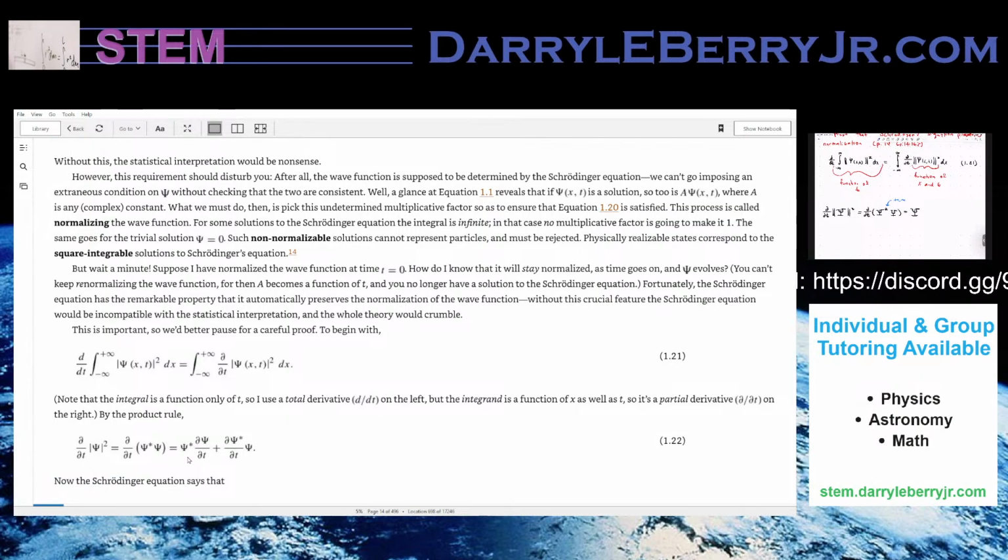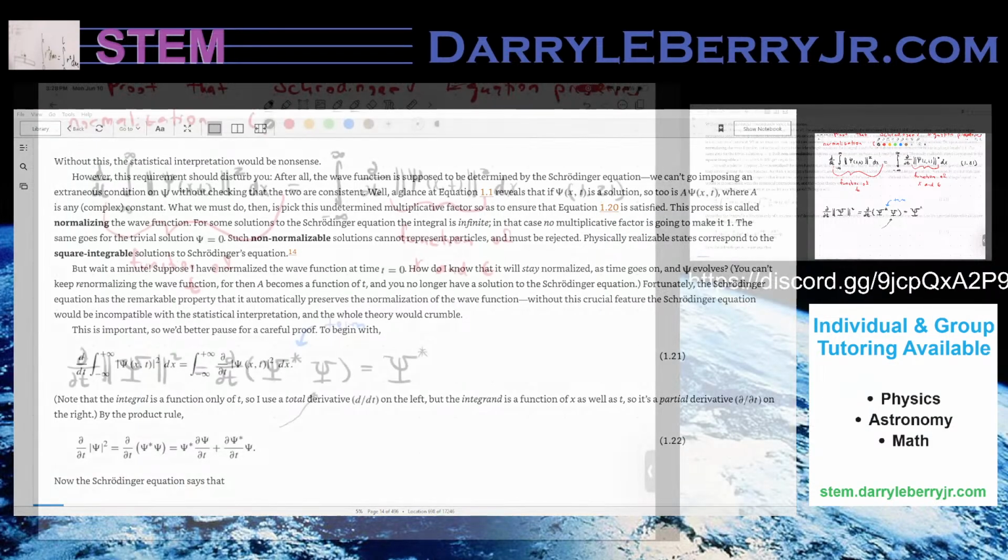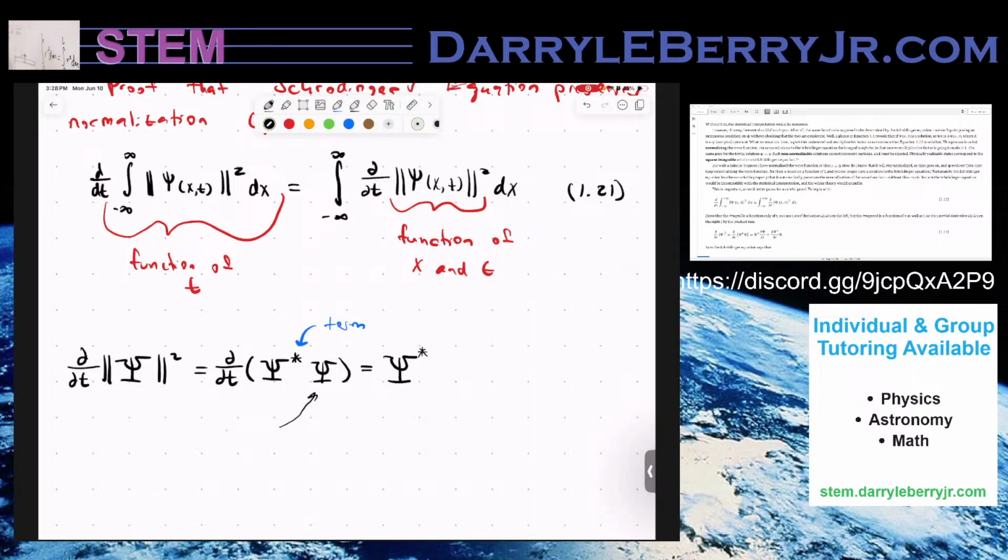Right? So this equals psi. All right, so what we're doing here is the chain rule, where we're taking the derivative of this one and leaving the one on the left alone, and then taking the derivative of that one and leaving the one on the right alone.